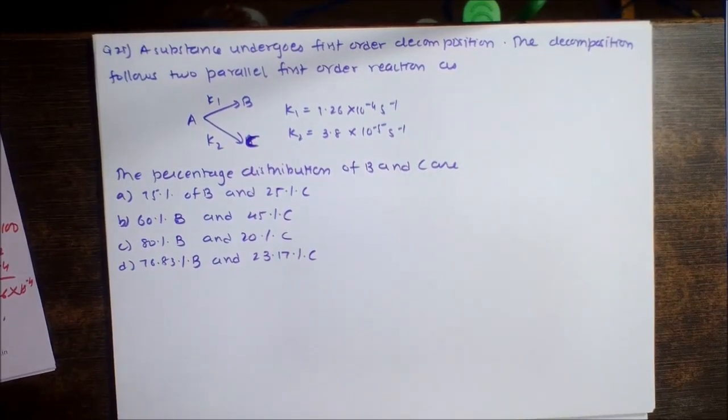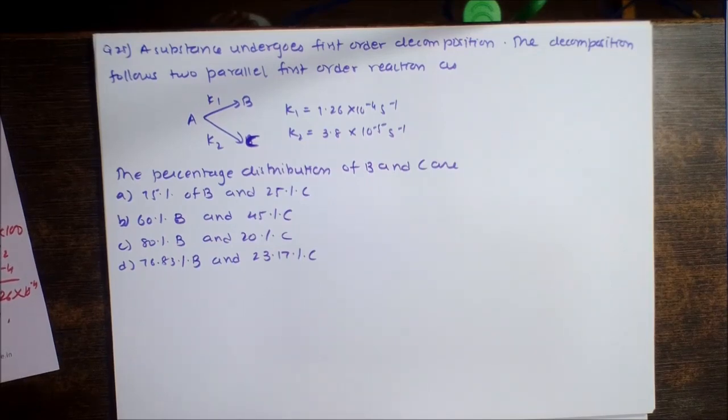Question 28. A substance undergoes first order decomposition. The decomposition follows two parallel first order reactions as follows. A decomposes to B with rate constant K1 and also decomposes to C with rate constant K2. K1 is given as 1.26 into 10 raised to minus 4. K2 is given as 3.8 into 10 raised to minus 5.